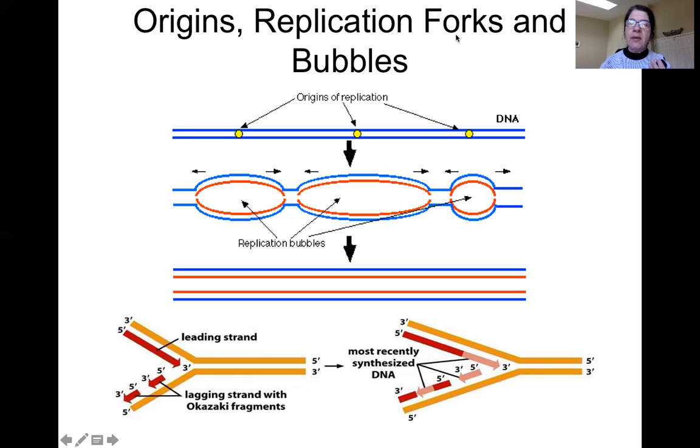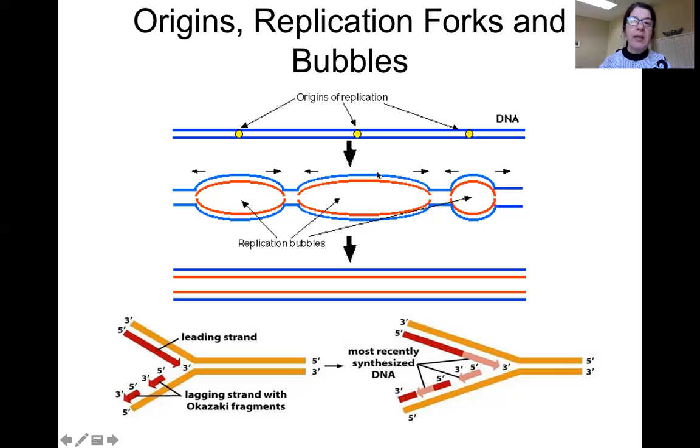They don't all start together though, and you can see here that this bubble is smaller than this one, and this one is smaller than this one. That's because this one started last, this one started next to last, and this one started first. But that's really not important. Replication has started at several different places. The forks are moving. This fork is moving this way. This one is moving this way. This one is moving to the right.